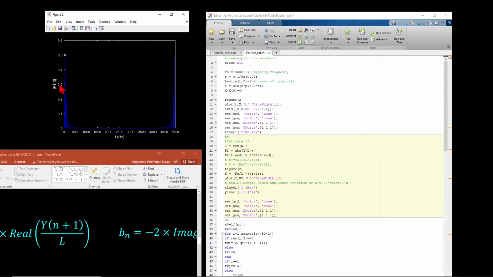If we exclude the first one, from the second one onward we can see that everything is exactly mirrored around this center frequency. But is it that, for example, at 5000 Hertz, we really have this magnitude of Fourier series? The answer is no. Let us look at the sampling frequency. The sampling frequency in this case is 5000.